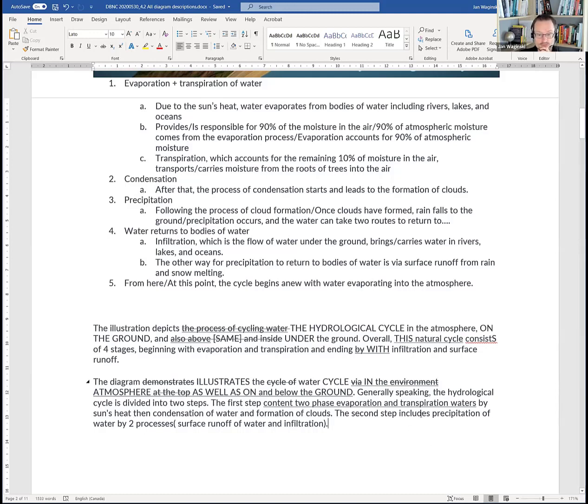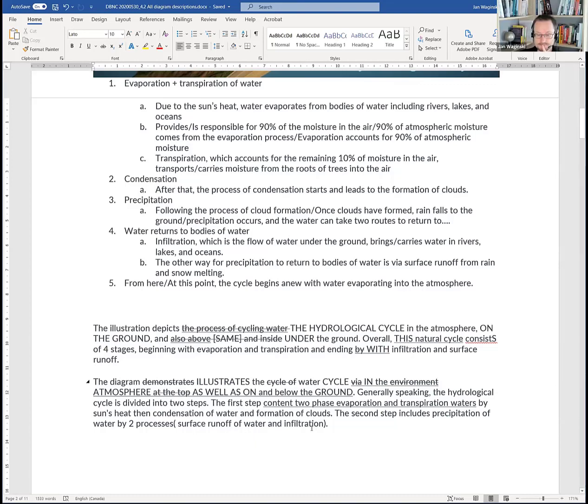Okay, so there's a whole bunch of problems here. The second step includes precipitation of water by two processes. These are not precipitation processes. Does that make sense? This is after the precipitation. This is how the water comes back to the rivers.